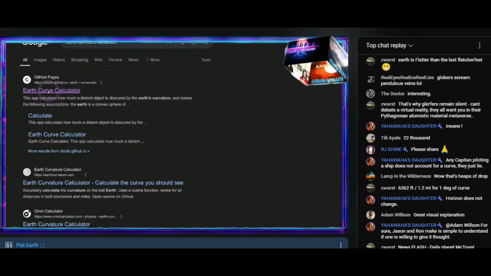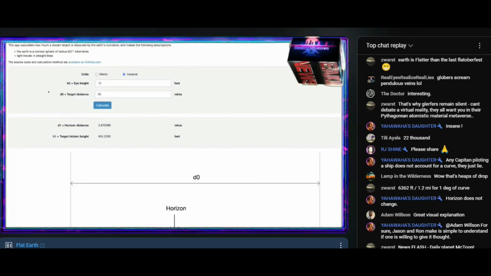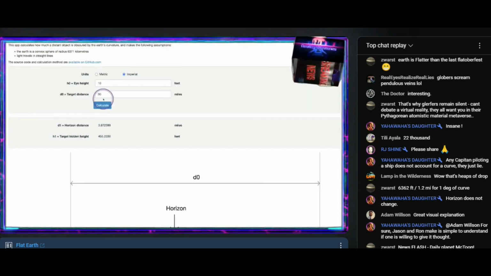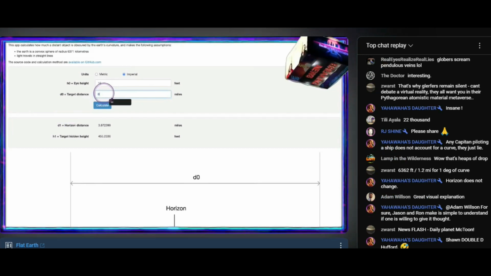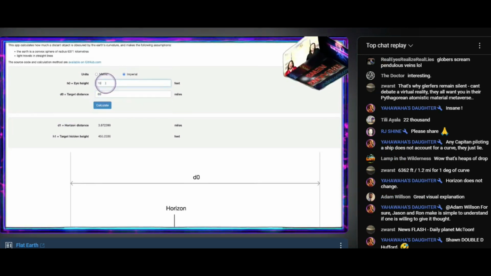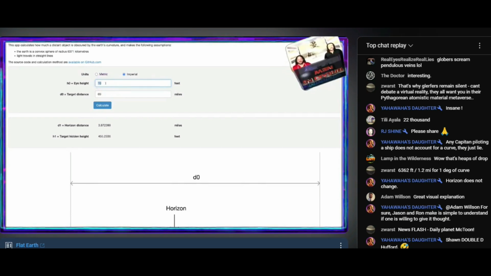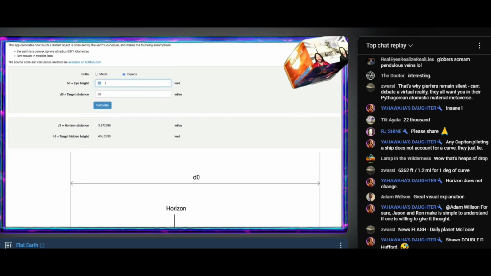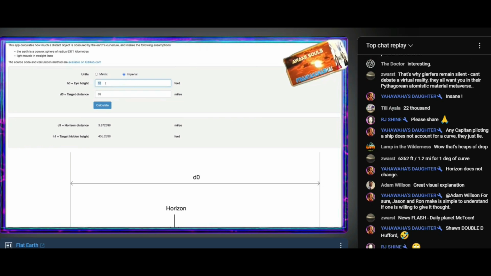This is the one that all the ball earthers use. And if we put in here 69 miles, remember that's the distance in statute miles of a nautical, 60 nautical miles is 1 degree, right? That's what I'm trying to say.